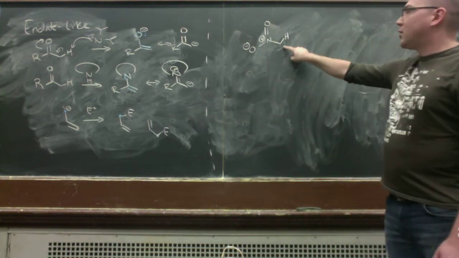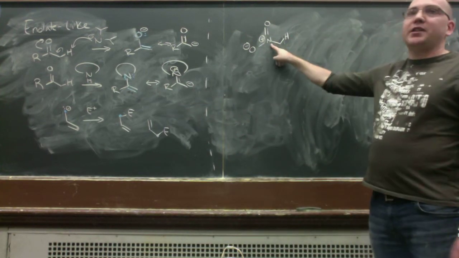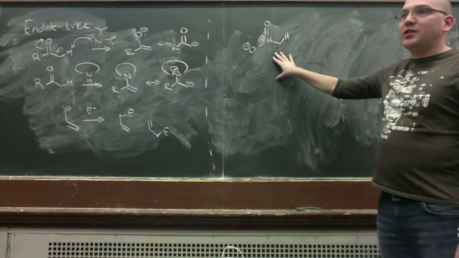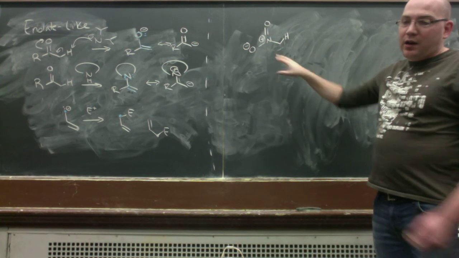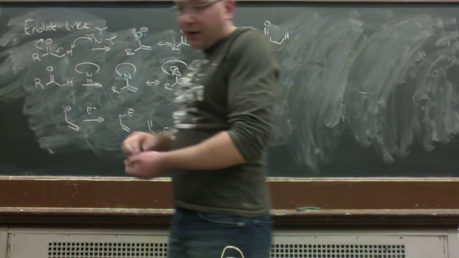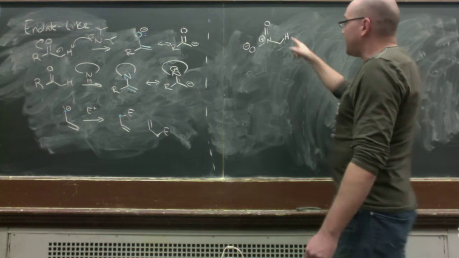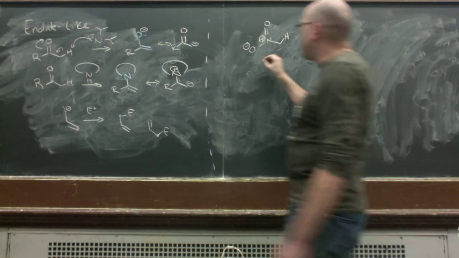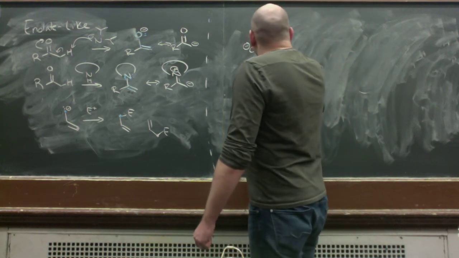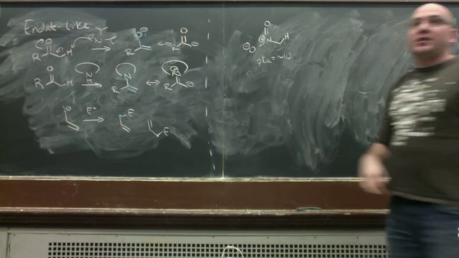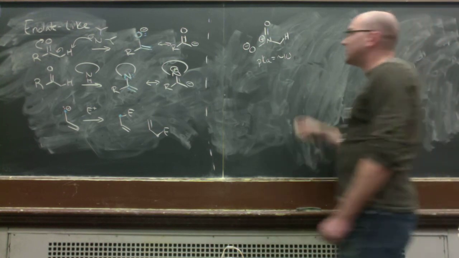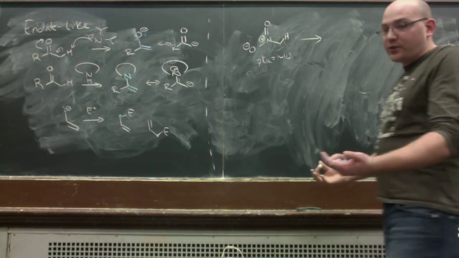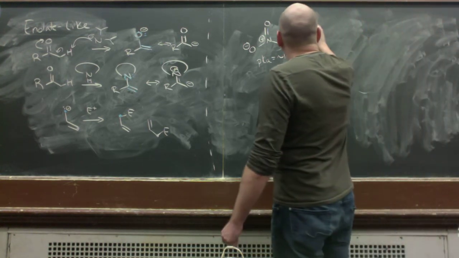You've got your carbon with your methylene here, and adjacent to that is a pi system, a double bond. In the same way that we think about enolates, this has a much lower pKa than your standard alkane. In this case, the pKa is somewhere around 10. So you can deprotonate this with fairly mild bases like sodium hydroxide, or if you want to use LDA, you could, but say sodium hydroxide.